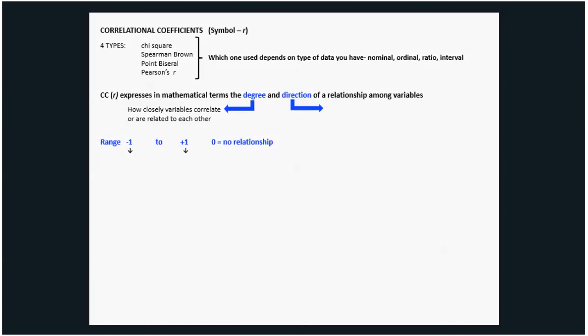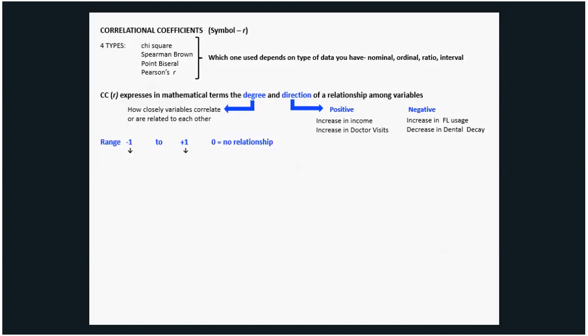If one variable moves one step, the other variable moves one step. If one variable moves one step, the other one moves two steps. So you're talking about how closely they correlate, and then you're talking about the direction, either a positive or negative direction. And this doesn't mean positive is good and negative is bad.